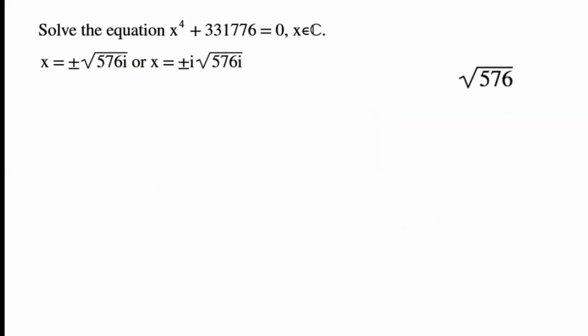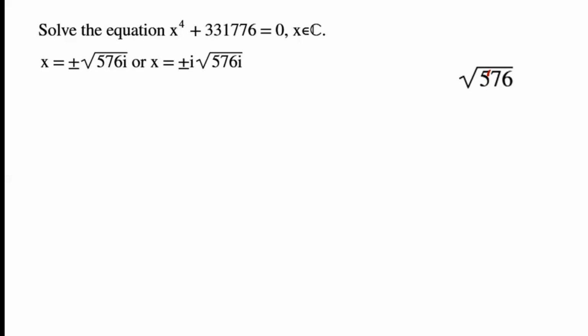576i. Next, we work out the root of 576. First, we separate the digits of the number into pairs, starting from the decimal point, which in this case is just after 6.